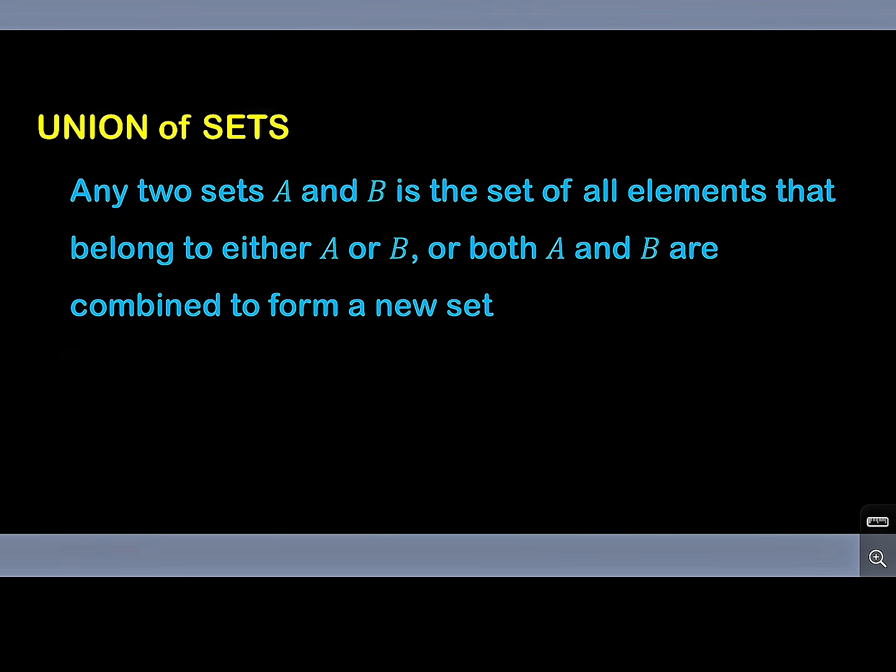First, let's talk about union of sets. The notation to be used for union is the letter U. The union of any two sets A and B is the set of all elements that belong to either A or B, or both. Sets A and B are combined to form a new set.